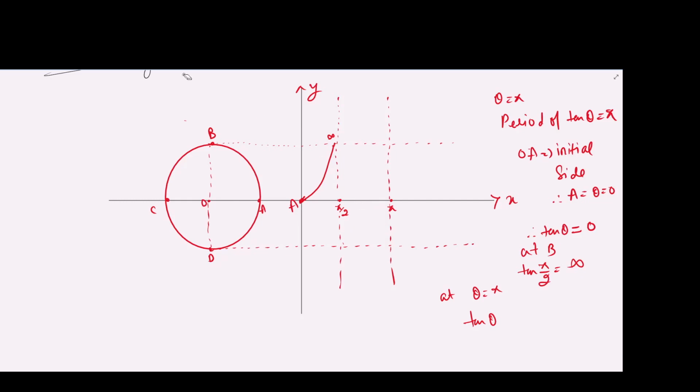So this is the graph of tan theta. So this is minus infinity. So this is point B, A to B, and this is a point B. This is from B to C.